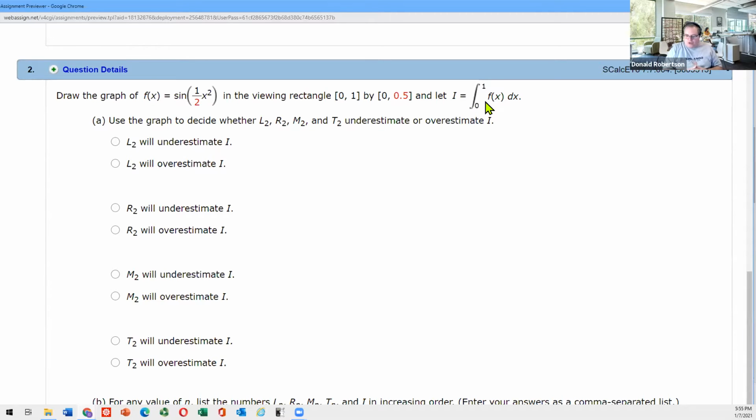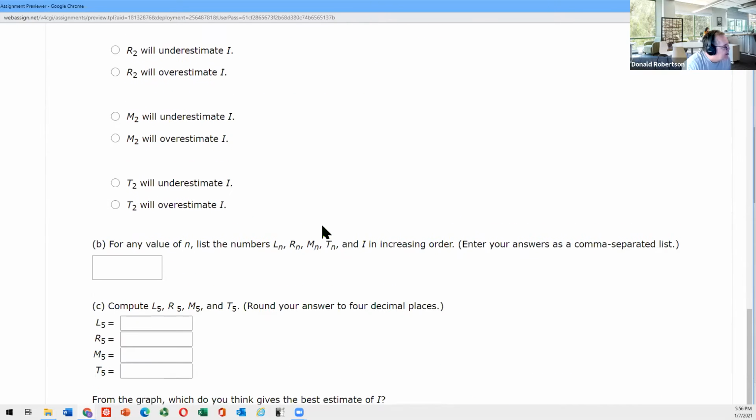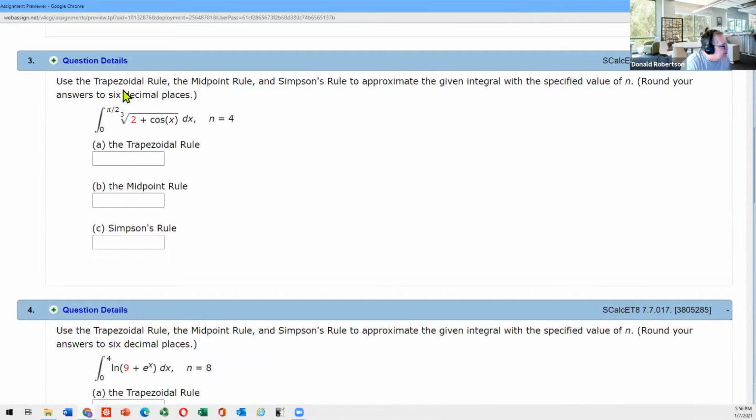If a function's increasing, won't a left be an underestimate and a right be an overestimate? Right? If a function is going uphill, won't the right-hand side consistently give you a big answer, an overestimate, and the left-hand side give you an under? So you should be able to hopefully figure out that one.